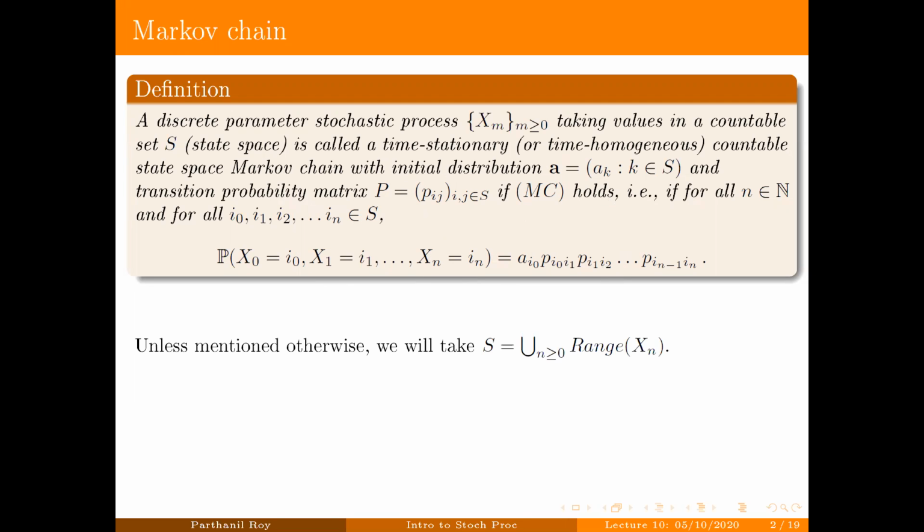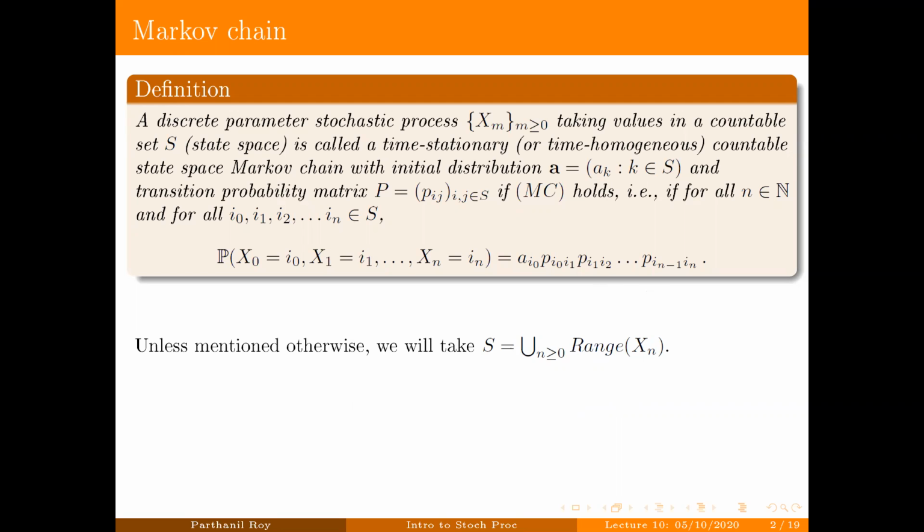Now, we decided that without loss of generality, we'll assume that S is the union of all the ranges of Xn. This just means that if there is a state which is not taken by any of the random variables Xn, it's a completely redundant state. We'll just throw it away. So let's do that from now on.